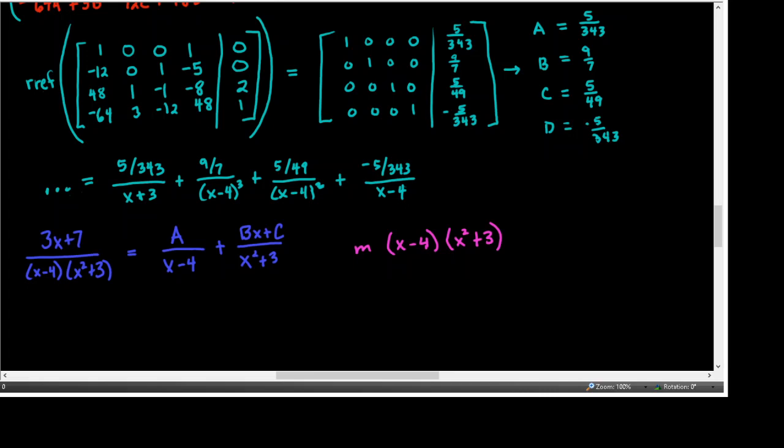The result on the left will be 3x plus 7 equals a times x squared plus 3, plus bx plus c, notice the parentheses around the binomial, multiplied by x minus 4.